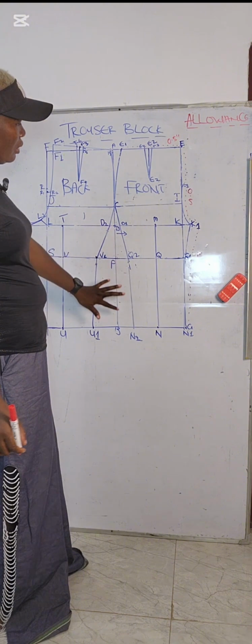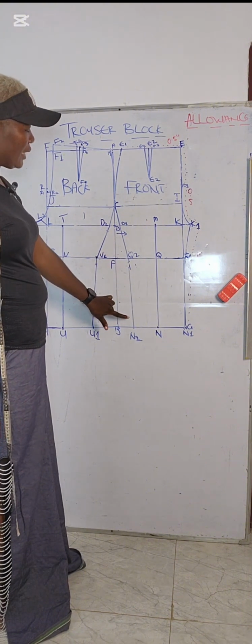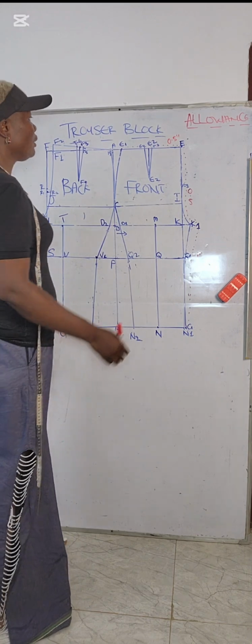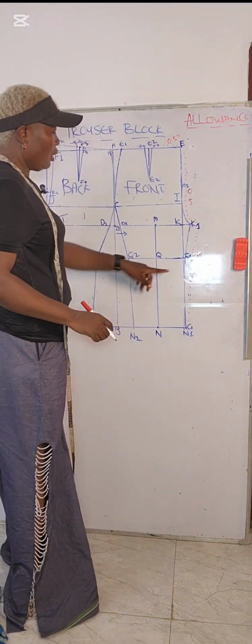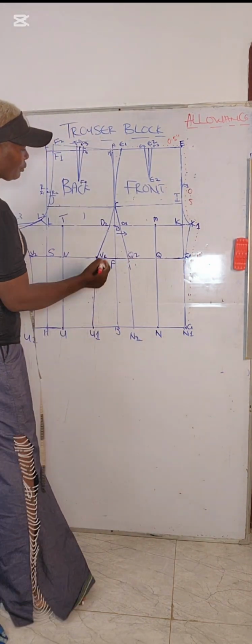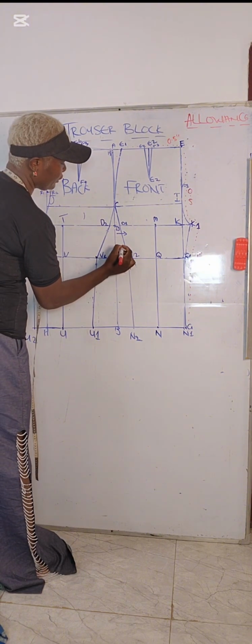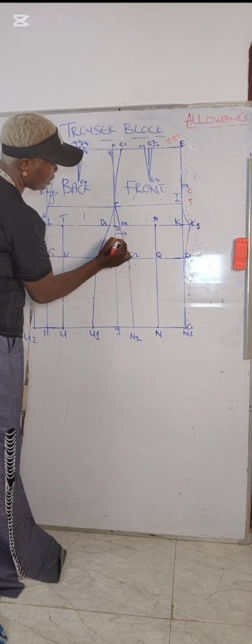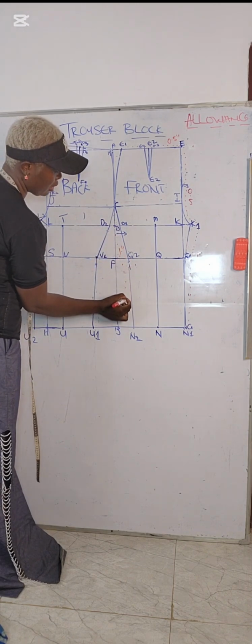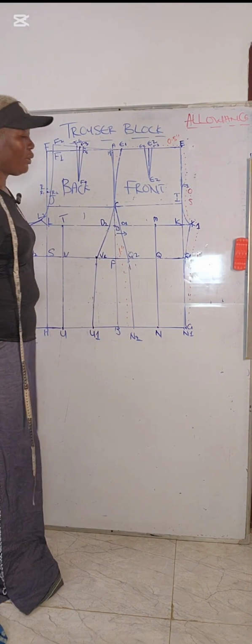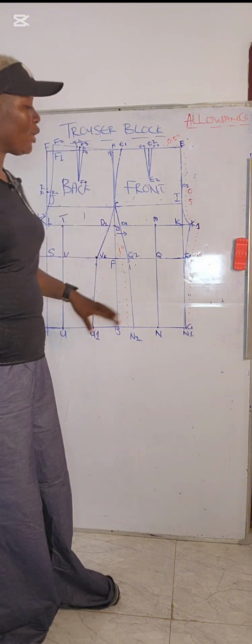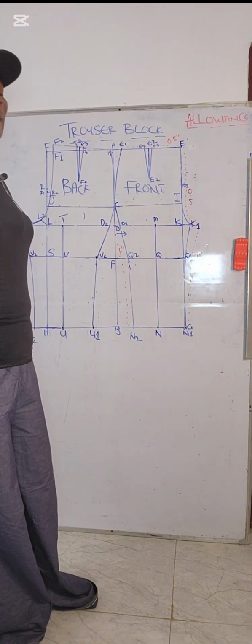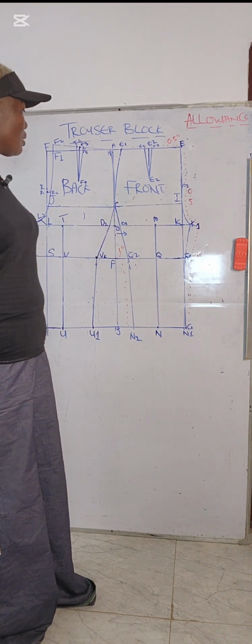My sides, these are my sides. On my side, 1 inch here, 1 inch here. Remember, before I add my allowance, I'm going to cut off my pattern on my white paper and add my allowance.